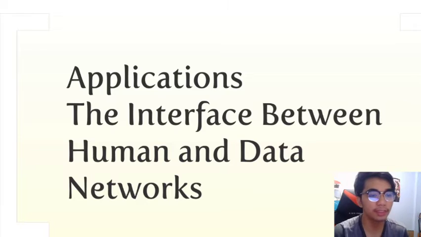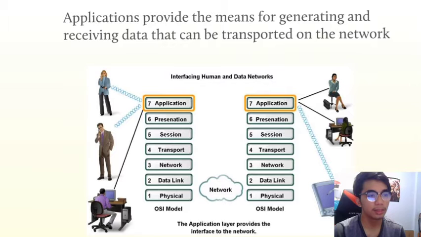Applications: the interface between human and data network. Applications provide the means of generating and receiving the data that can be transported on the network. As you can see, there are 7 layers in the OSI model: the physical layer, the data link, the network, transport, session, and presentation. The physical layer somewhat transacts with the data link.